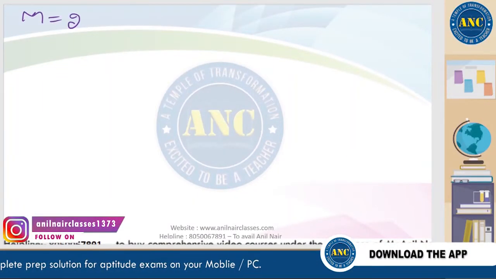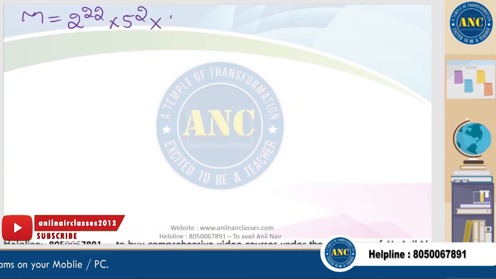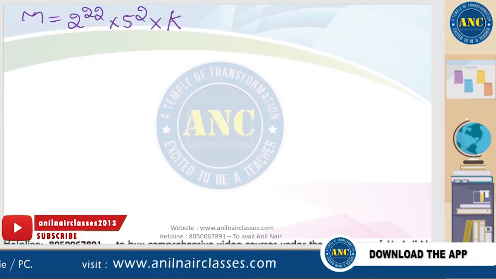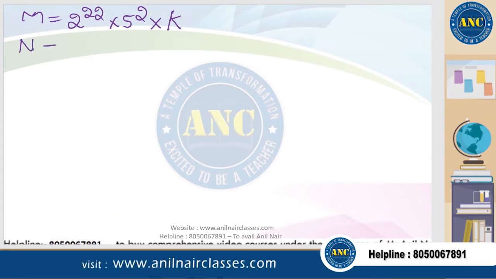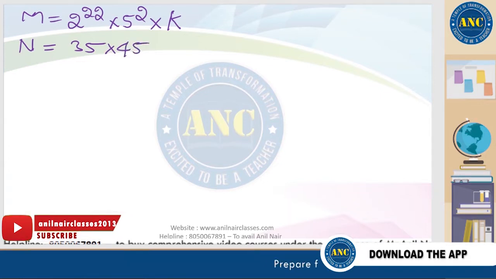M is nothing but 2 power 22 into 5 power 2 into k. This is M. N is the product of all odd numbers. Odd numbers like 41, 43 I don't require.